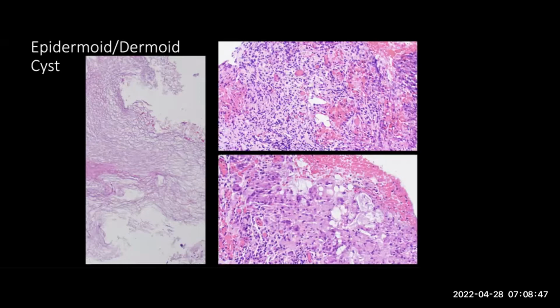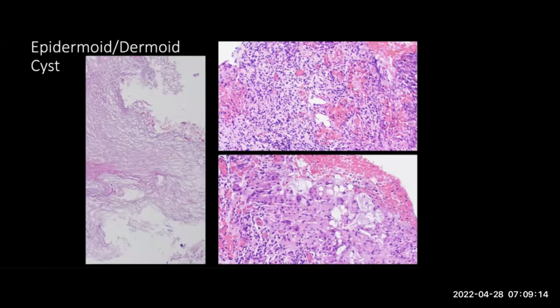And at the bottom, you see some giant cells too, with the keratin in the stroma causing this giant cell reaction. So it's like a ruptured cyst of this kind.